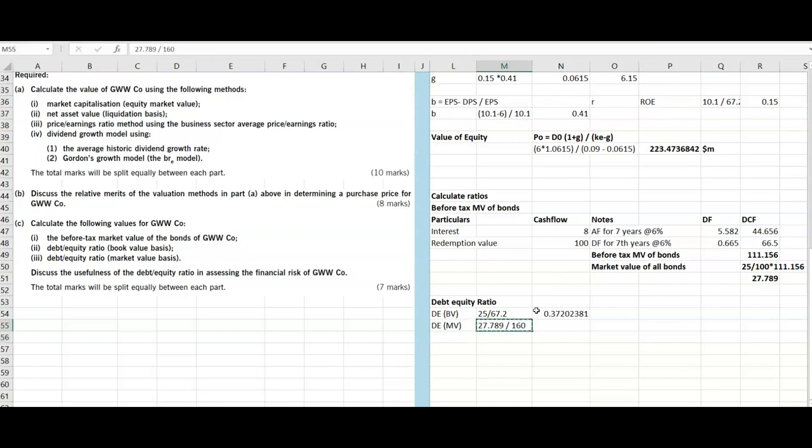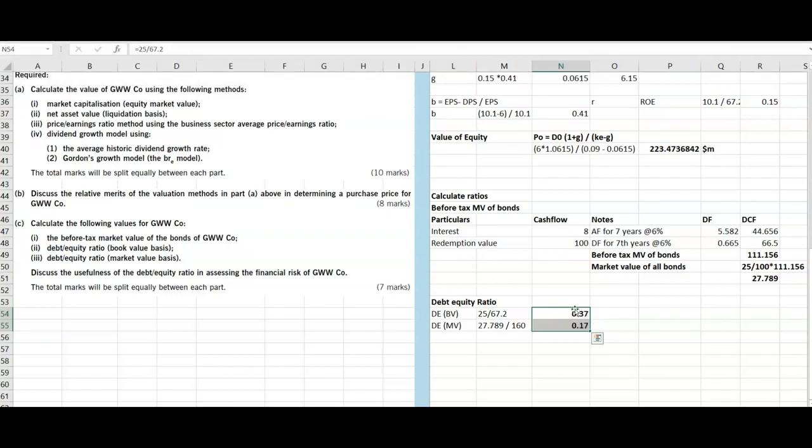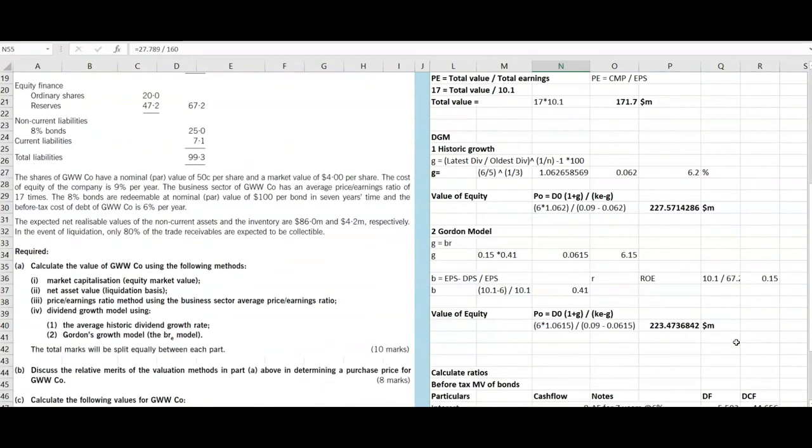So we have got our answer here. So book value comes to 0.37 and market value comes to 0.17. So that's about this sum.